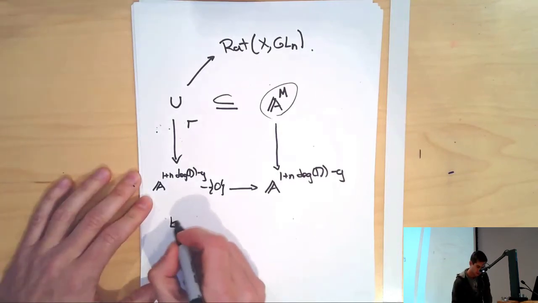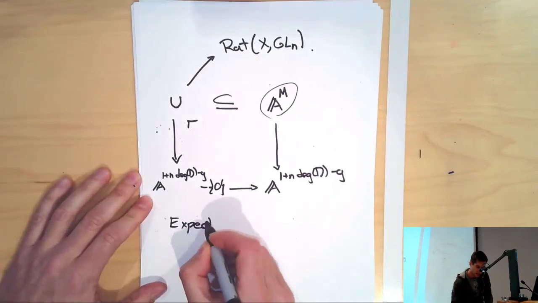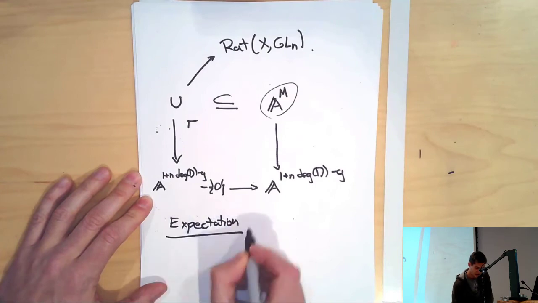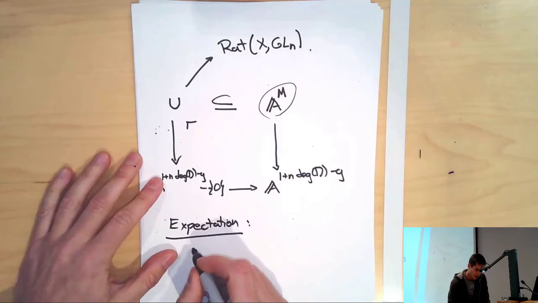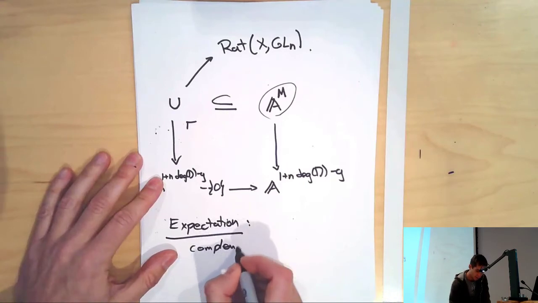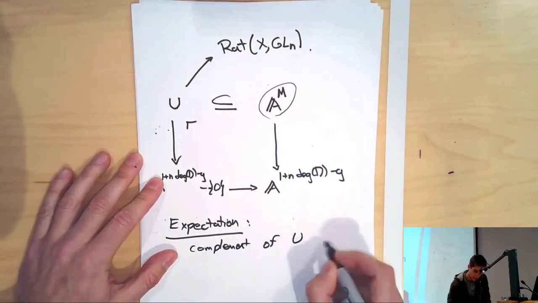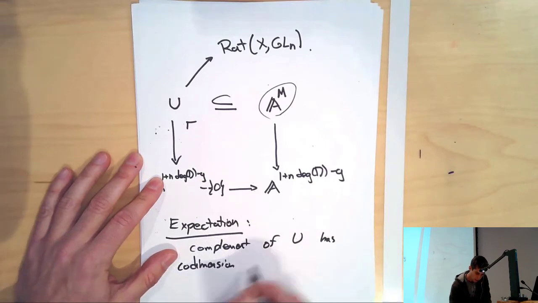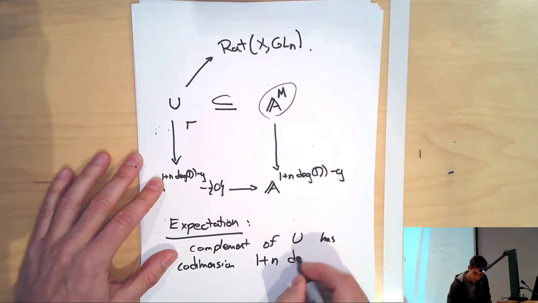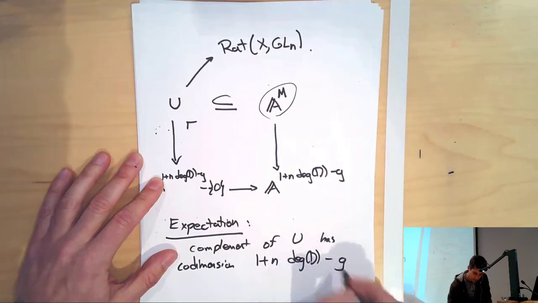So let's just write that. This is an expectation. If this map is sufficiently generic, then the complement of U has codimension 1 plus n times the degree of D minus g.